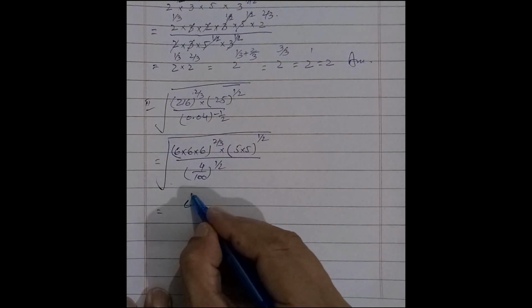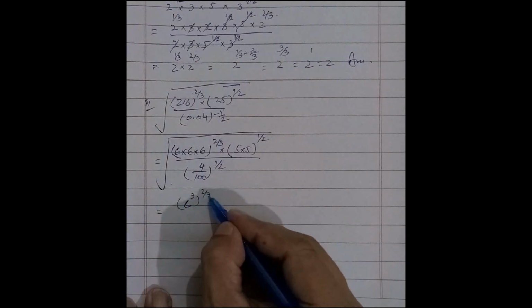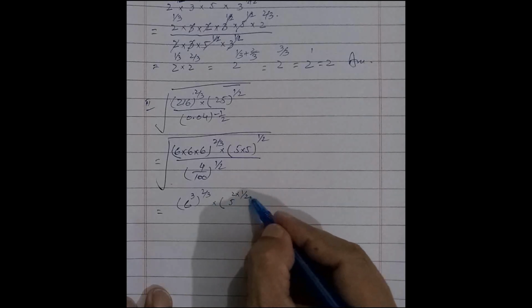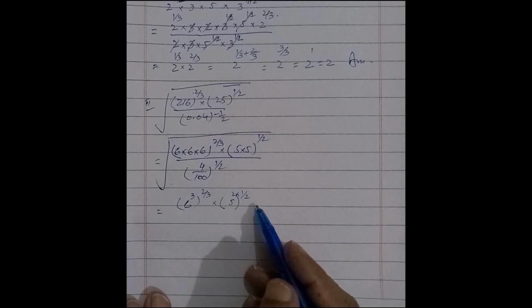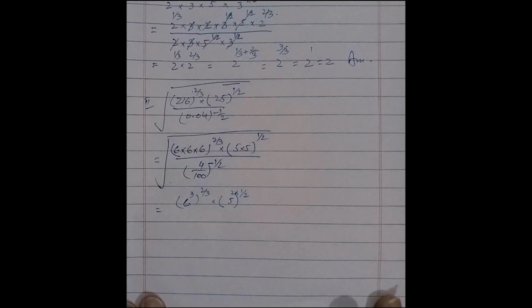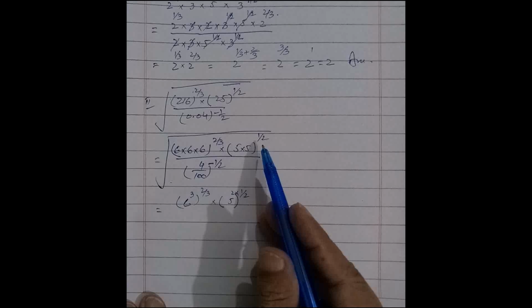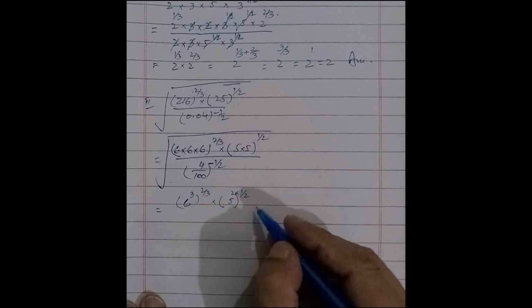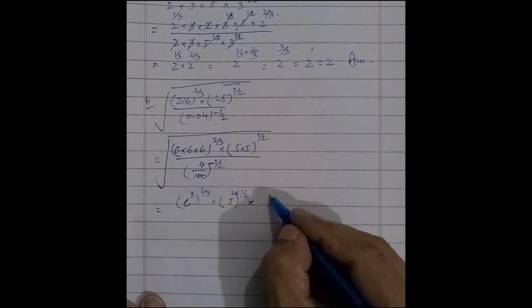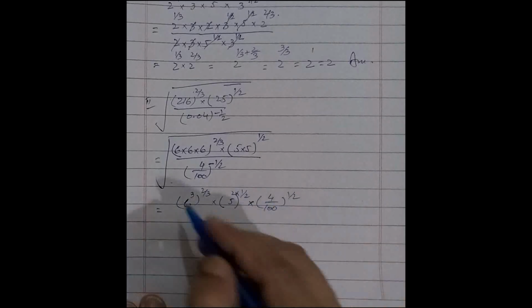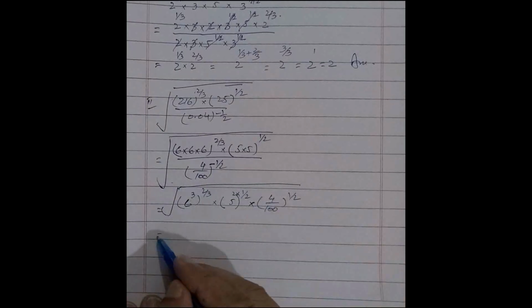Simplify it. 6 power 3 whole power 2 over 3, 5 power 2 whole power 1 over 2, and its power is minus. So we shifted it on the numerator side to convert its sign positive. So it is 4 over 100 power 1 over 2.